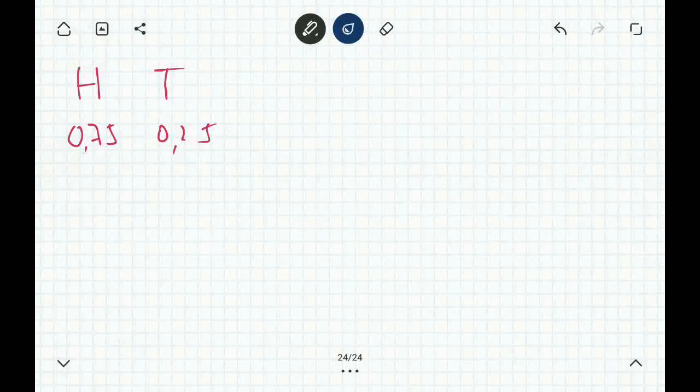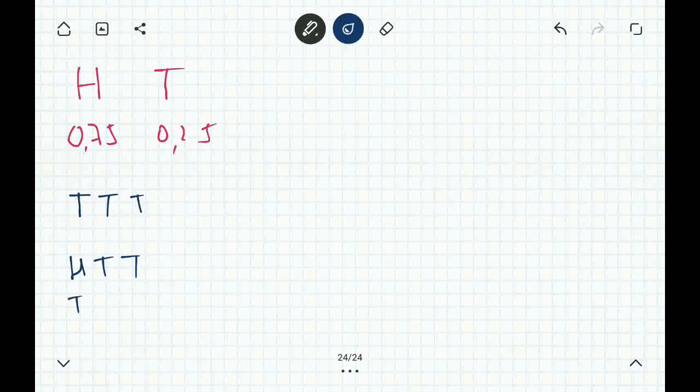Well, again, if we toss 3 coins, we will have the same outcomes. So for example, the one with 0 heads, which is just 3 tails, or with 1 head, which is this one, or this one, or this one, and we can go on like that.